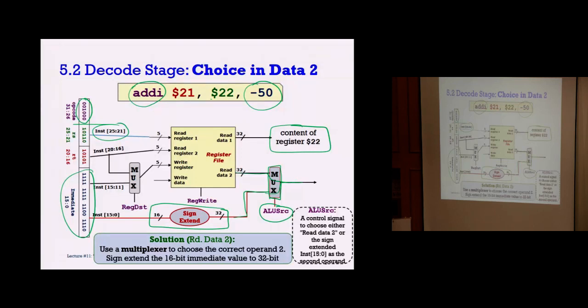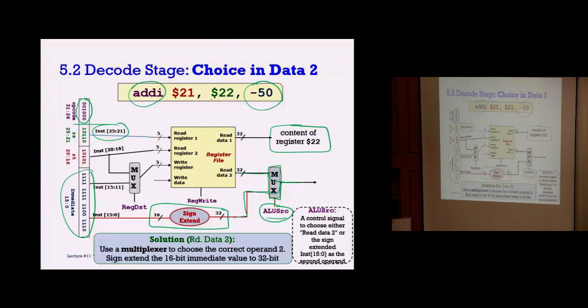Okay, and that is from the ALU source control signal. So the ALU source control signal, what will it do? It will tell the processor whether the second data is going to come from my register or from the 16-bit immediate value. Okay, it will do the correct selection for you. That is your second multiplexer here.